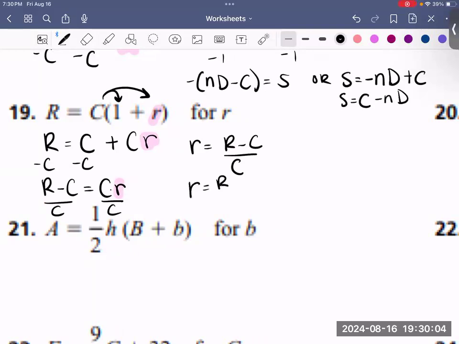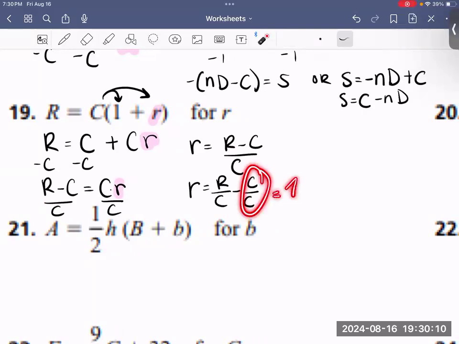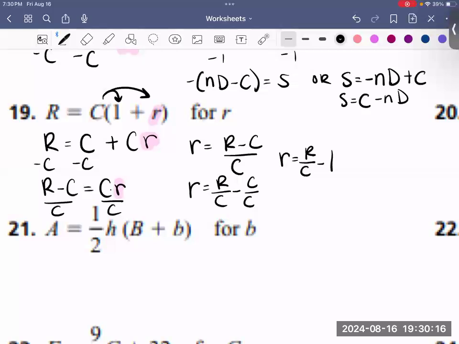We can break it up into two fractions, and you'll notice that C over C is another way to write just one. They can cancel and make one. So R is equal to R over C minus 1.